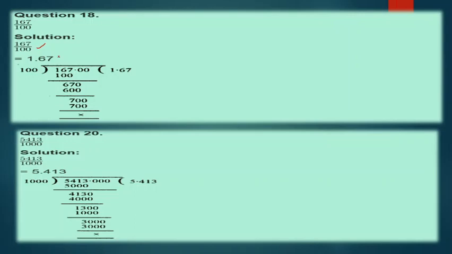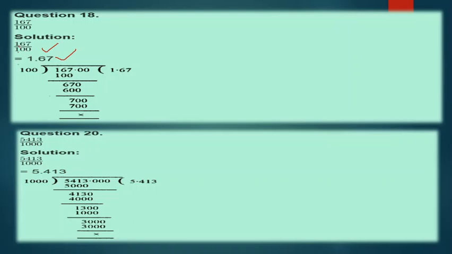But in this question, a fraction is given and we have to convert into decimal form. So how will we write 167 upon 100? We write directly the answer 1.67, because if the denominator is 100, how many decimal places are there?